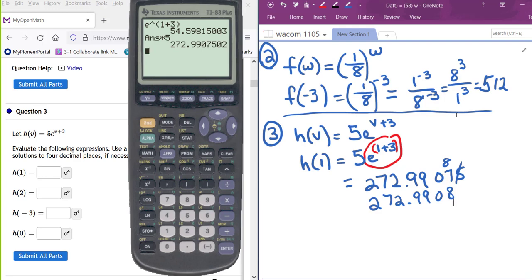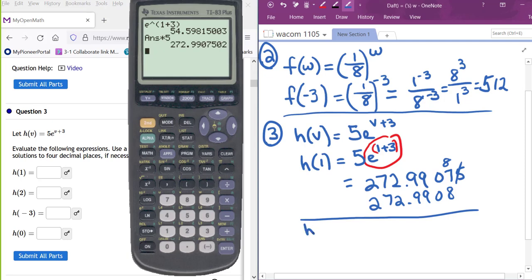And I did pick one more off of there. I picked the -3, just to remind you. It also is order, really. So e to the -3 plus 3.